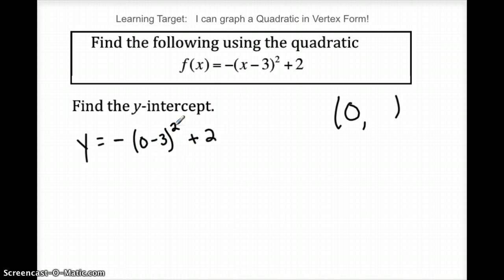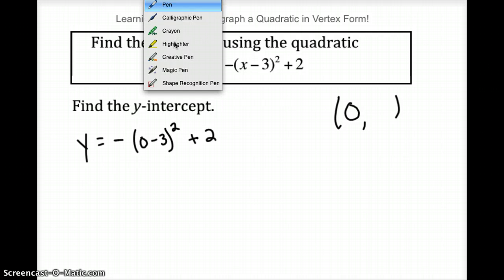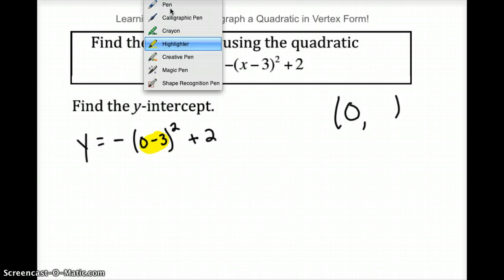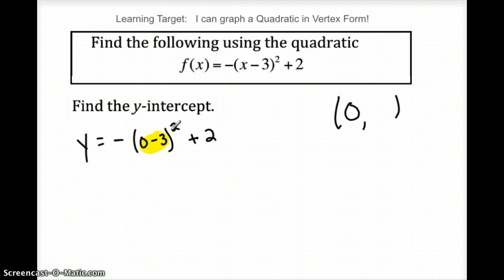We just have to follow order of operations, PEMDAS. Work inside the parentheses first. That's a -3, or actually you could even type this in your calculator, I suppose. But this would be a -3 that I'm going to square. A -3 squared would be a +9.